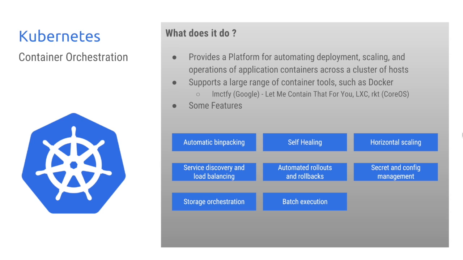So there's the automatic bin packing. What this does is automatically place the containers based on their resource requirements and other constraints, while not sacrificing availability. It does a best effort to figure out the workloads and get the most utilization out of each portion that Kubernetes goes on.